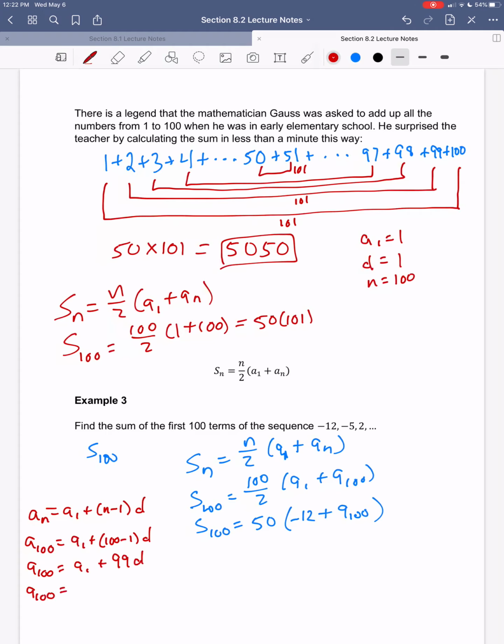My a sub 1 is negative 12. My common difference here, well, d would be one term minus the preceding term, so maybe 2 minus negative 5. My common difference is 7, right? I'm adding 7 to get from one term to the next. So d here is 7.